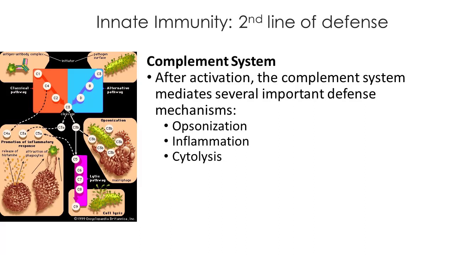So you can start it one of two ways, but you're going to end up in the same place, regardless of which way you start it. And the downstream processes are opsonization, coating the pathogen with antibodies, inflammation that we kind of talked about a little bit already, or cytolysis. Cytolysis, cell lysis, means what? To break. So breaking the cell, killing the cell.